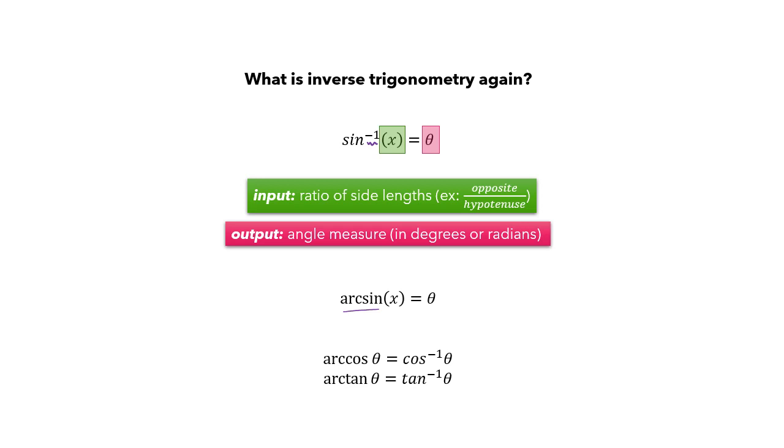You might have noticed on your calculators, especially if you're using a smartphone, you'll see asin instead of inverse sine written like this. Those are the same things. Our input is still the same, some ratio of side lengths, and our output is still some angle measure. We'll also have arc cosine, the same thing as inverse of cosine, and arc tangent, the same thing as inverse of tangent.